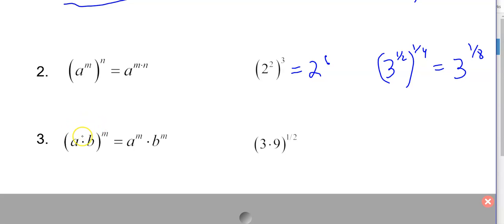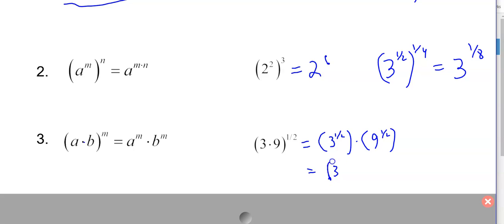Okay, when you have multiplication inside of the parentheses, you can break it up into two separate ones. So I could write this as 3 to the 1/2 times 9 to the 1/2. And we know that that's really what?